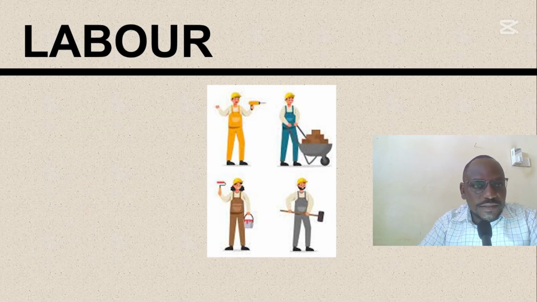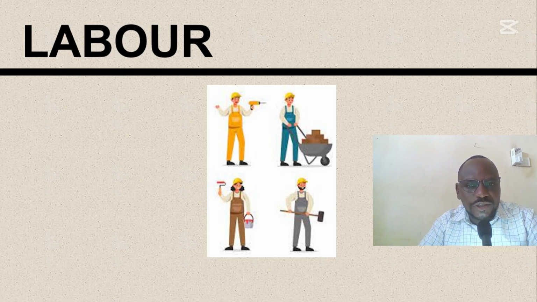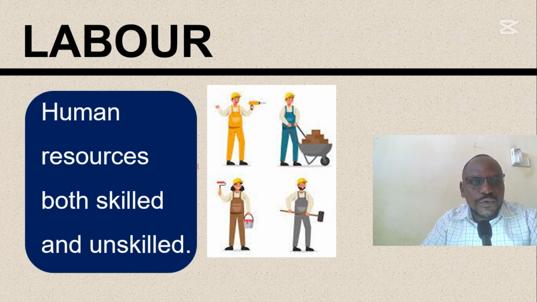Then we have labor. I know this is quite easy, and all of us can relate that in any place where we have production, we must have some workers. You can see here we have skilled workers. But here we can have more than what you can see on the image. So here, labor, we focus on the human resource, and we are saying that both skilled or unskilled.